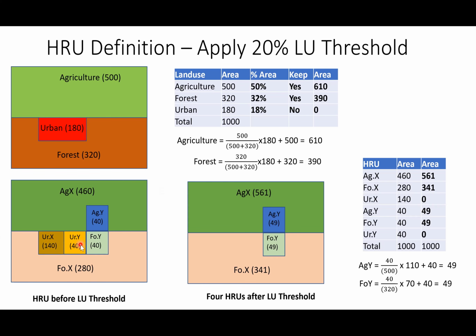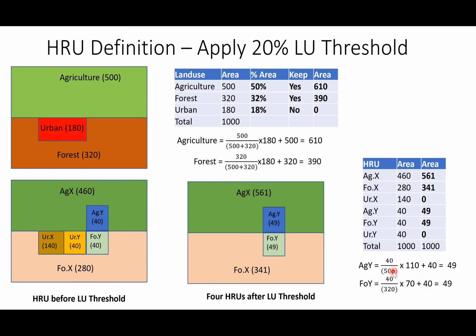Since urban went away, URX and URY will go away, and we end up with four combinations. So AGX, FOX, AGY, FOY. Since agriculture got 610 and it overlaps with Y, Y will also get some area, and how this was calculated is given here.